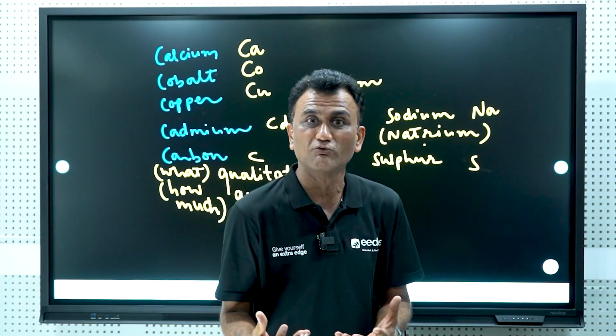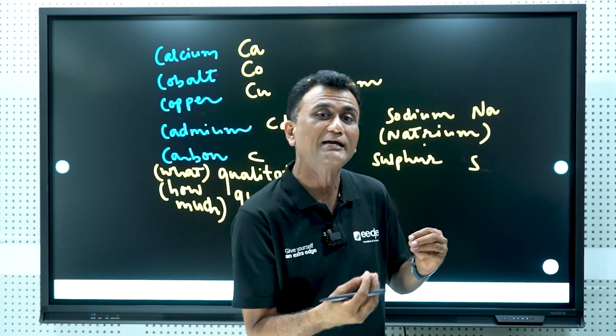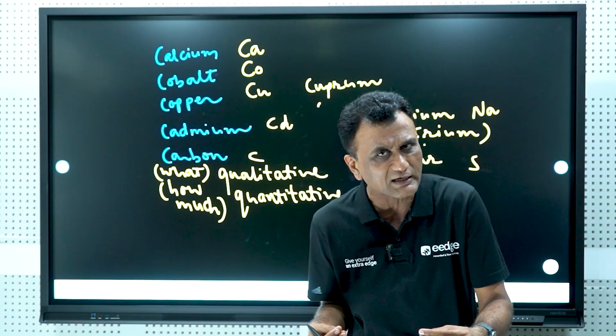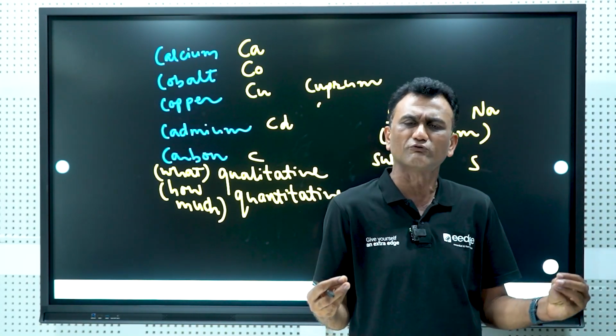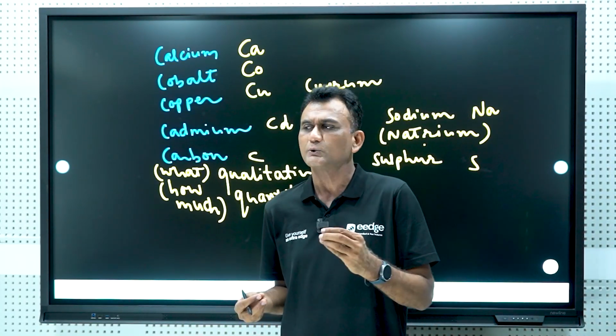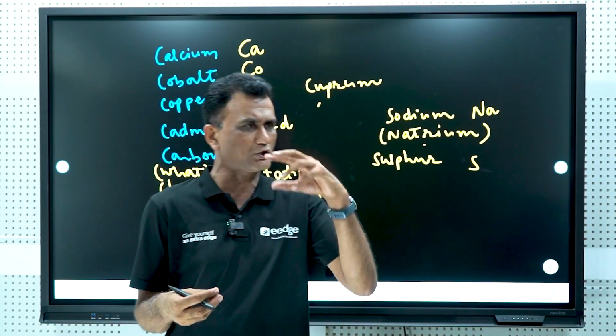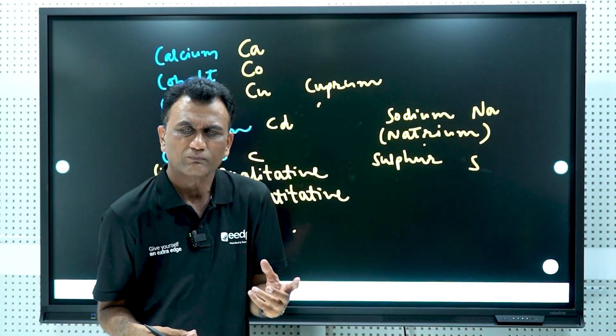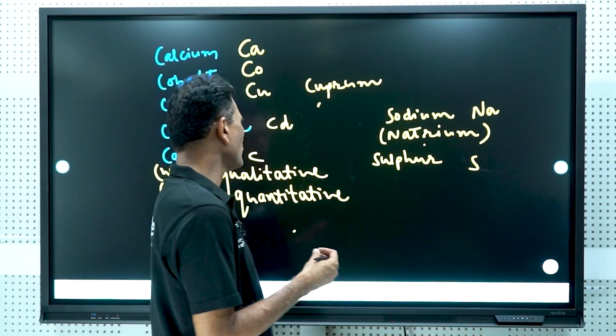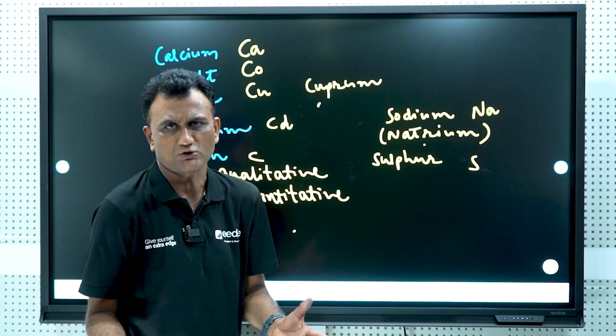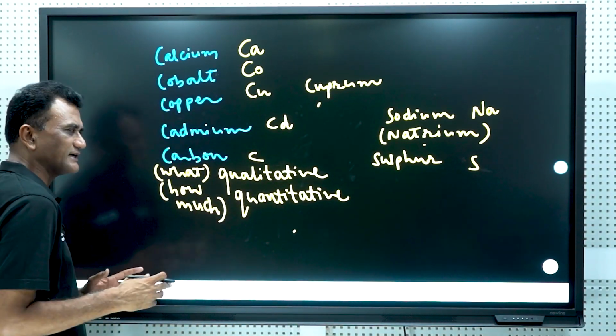Out of the total number of molecules of the air, 78 to 79%, roughly 80% you can say, 4/5 of the air is nitrogen. 20 to 21% of the molecules of the air are oxygen. So 4/5 is nitrogen and 1/5 is oxygen. So that is the quantitative idea.